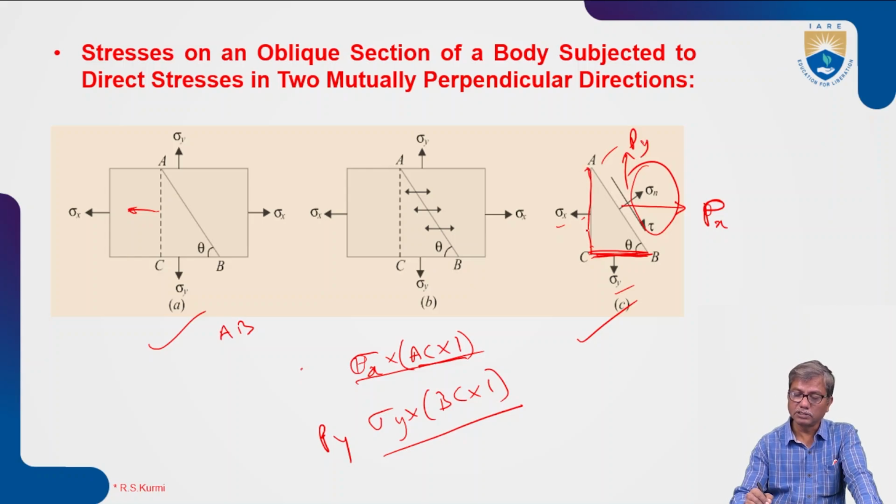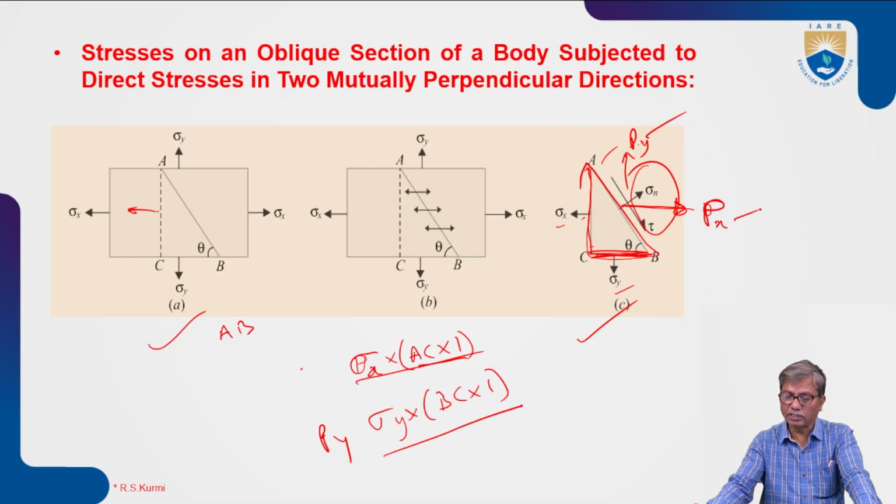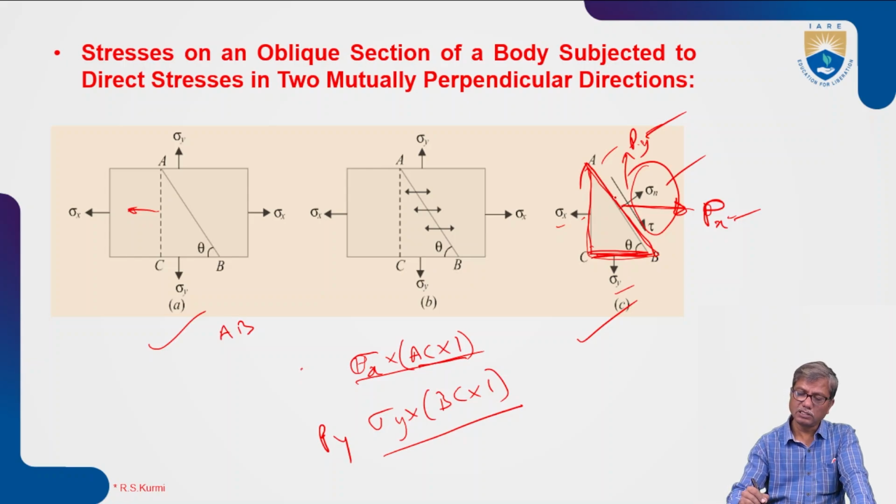For equilibrium of this portion ABC, you should have forces Px and Py acting upward and towards the right. These forces acting on face AB will be resolved along the normal to the face AB and tangential to the face AB. We find the normal and tangential components of these two forces on face AB.